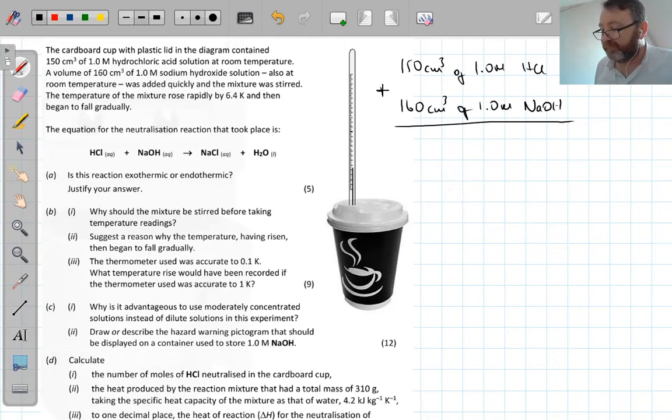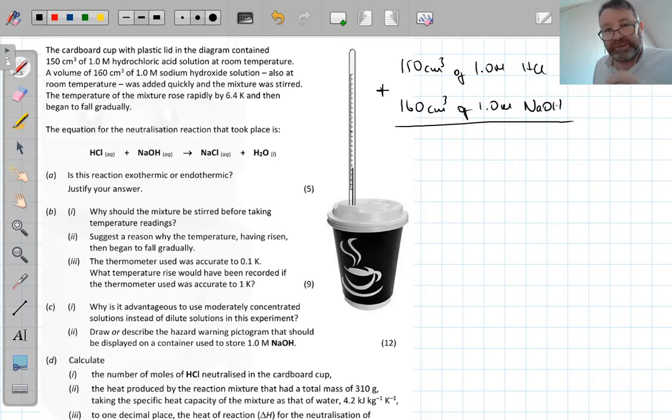I hope you see that there is 10 centimeters cubed of base in excess that will not be involved in neutralization. So the 150 centimeters cubed of the 1 molar acid will only require 150 centimeters cubed of the 1 molar base. So there's a bit of a trick in that question, okay?